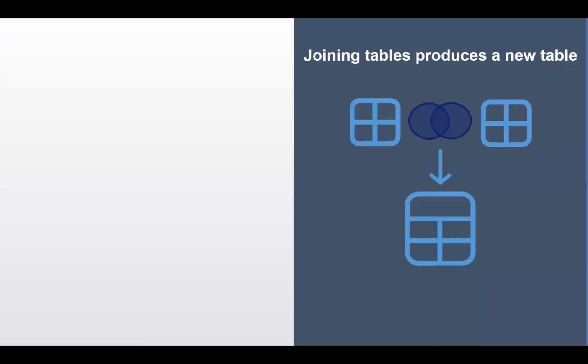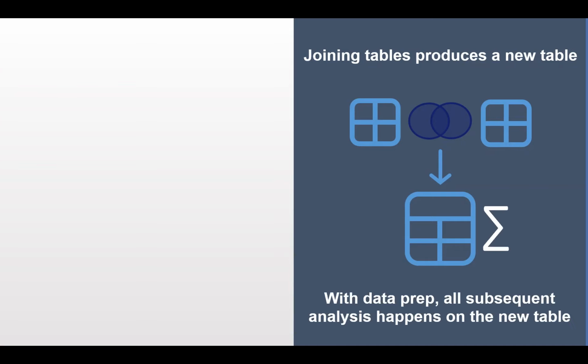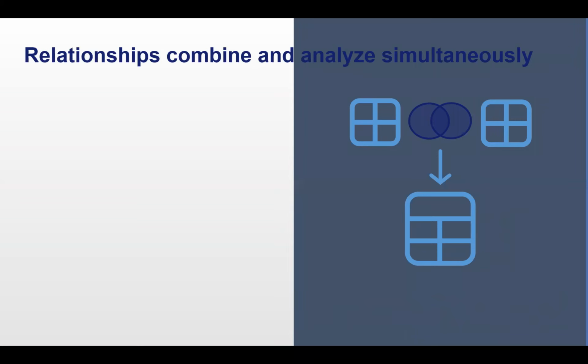Joining two tables results in a third new table. This isn't specific to relationships, but it is fundamental. When joins are executed up front in data preparation, all your subsequent analysis happens on this new table. The data in the new table forgets how it got there, so valuable information like the level of detail of the original table is lost.